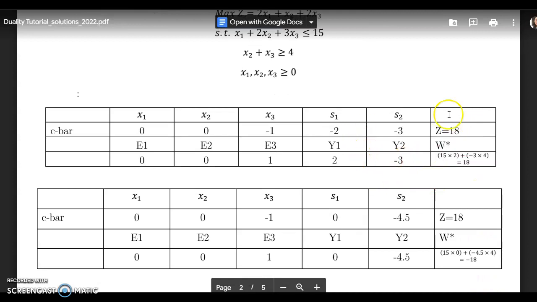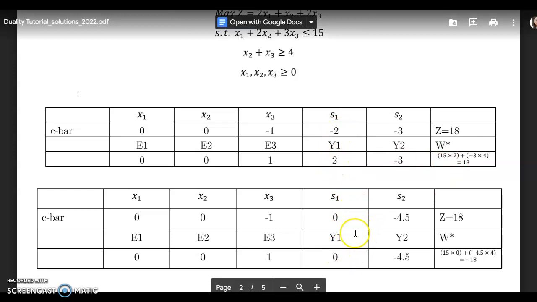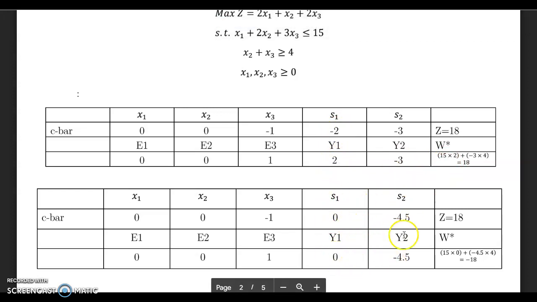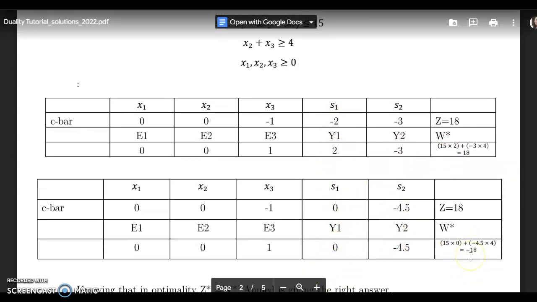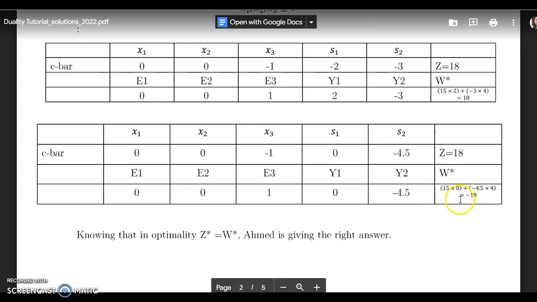As I was saying, the first student inverted the sign of the slack variable from -2 to 2. However, the second student did not, which made the calculations wrong and made him find a value of -18, which is wrong.